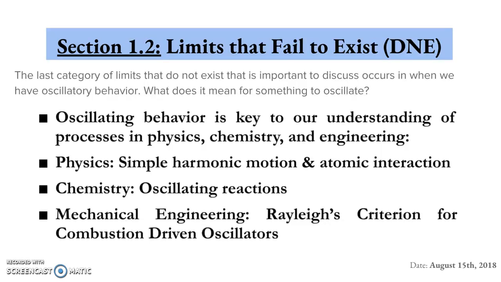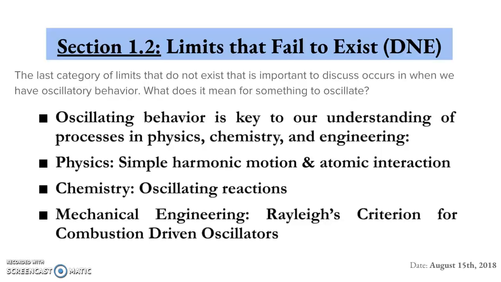So in general, when you think about things that are oscillating, just think about back and forth motion from a very fundamental level. You're going to need to understand how oscillations occur if you do any future study in physics, chemistry, and engineering. And this slide just contains some examples.